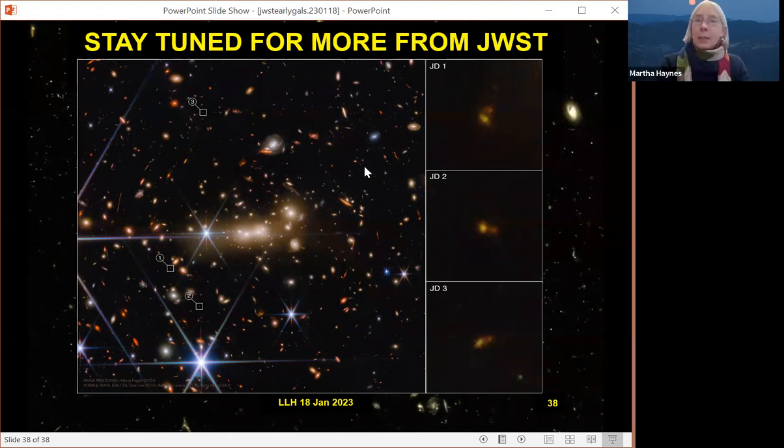Remember, the images themselves have been made public, so everyone has access to them. And how you decide which one of these 10,000 galaxies you might want to spend an hour of time on with JWST, and you probably don't want to look at one, you probably want to look at 3 or 4, so it's 3 or 4 hours of JWST time.